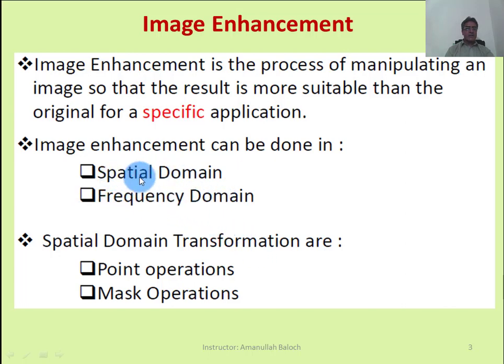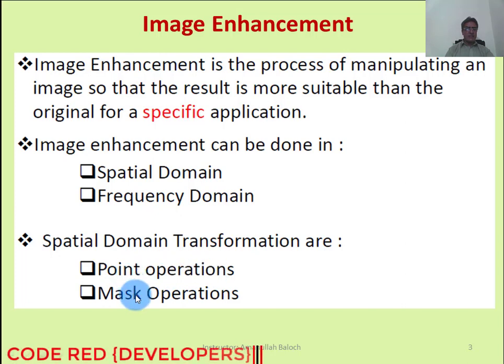Spatial domain means each pixel will be enhanced individually. Frequency domain means a group of pixels will be enhanced. Spatial domain transformations are of two types: point operation and mask operation.